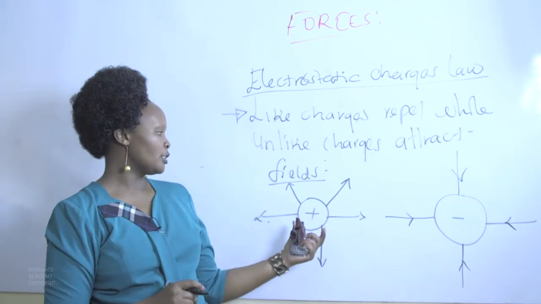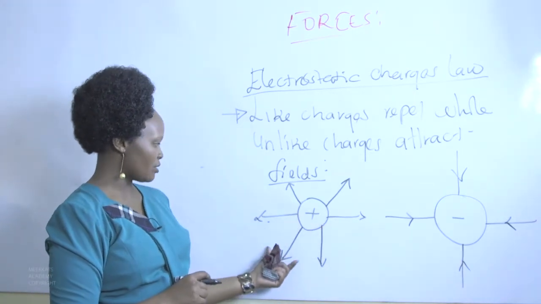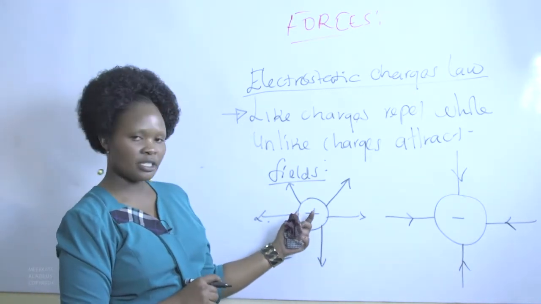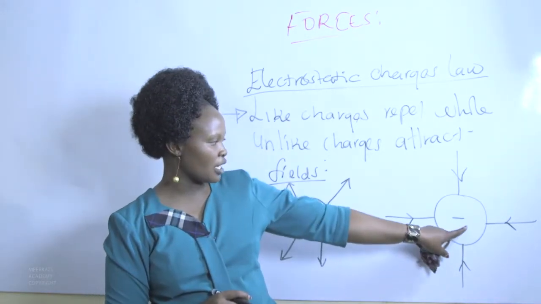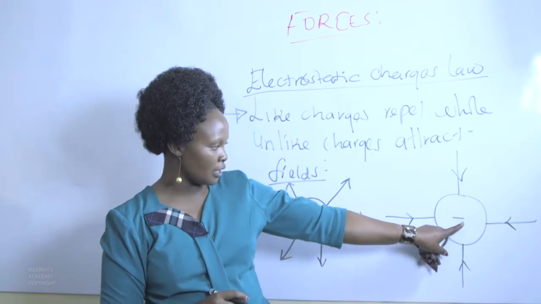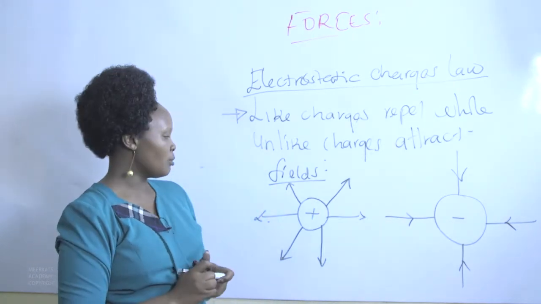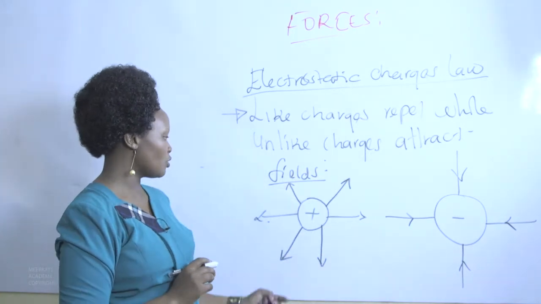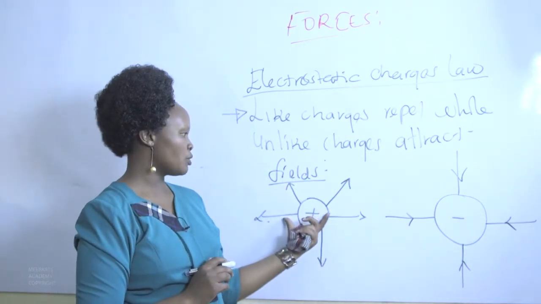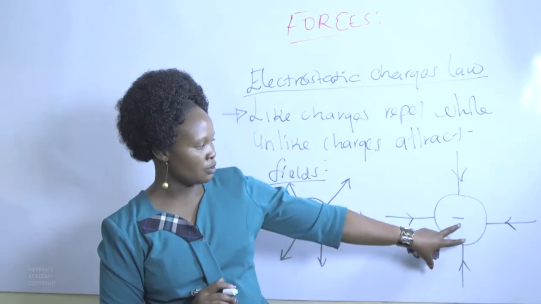Kindly note that the arrowheads point away from the charge in the case of a positive charge, and towards the charge in the case of a negative charge. That means the field around charges originates from the positive and goes to the negative.